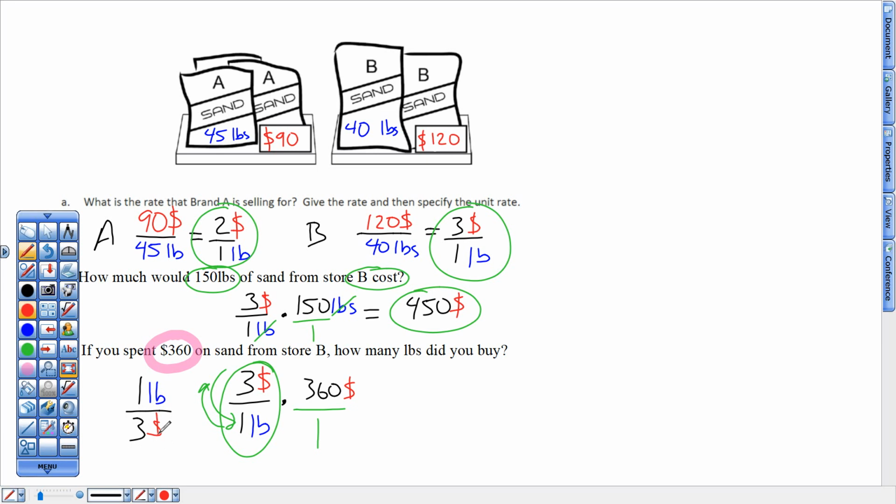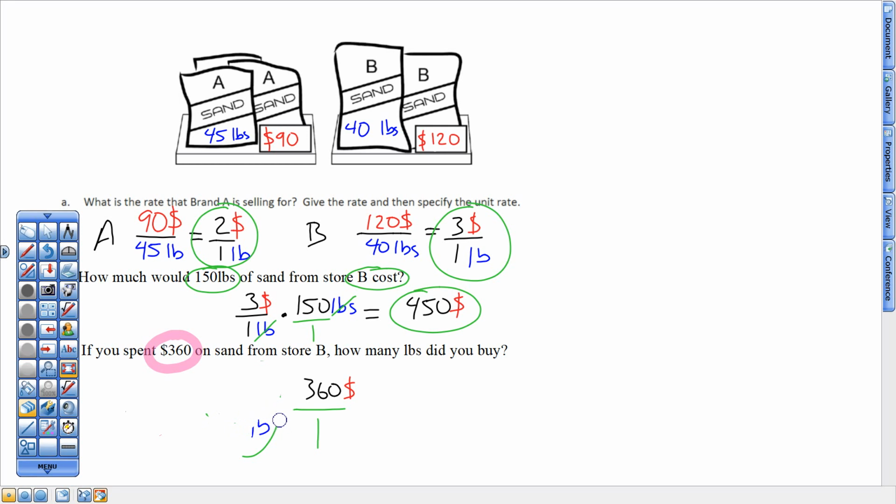So you can use that. And the beauty of using that one is the dollar symbols will go away. And again, it's still the same thing though. $3 for 1 pound is equivalent or the same as 1 pound for every $3. You could take that unit rate and flip-flop it if you want. You have the right to do that. You could write $3 for every 1 pound, or you could write 1 pound for every $3. It's the same concept.